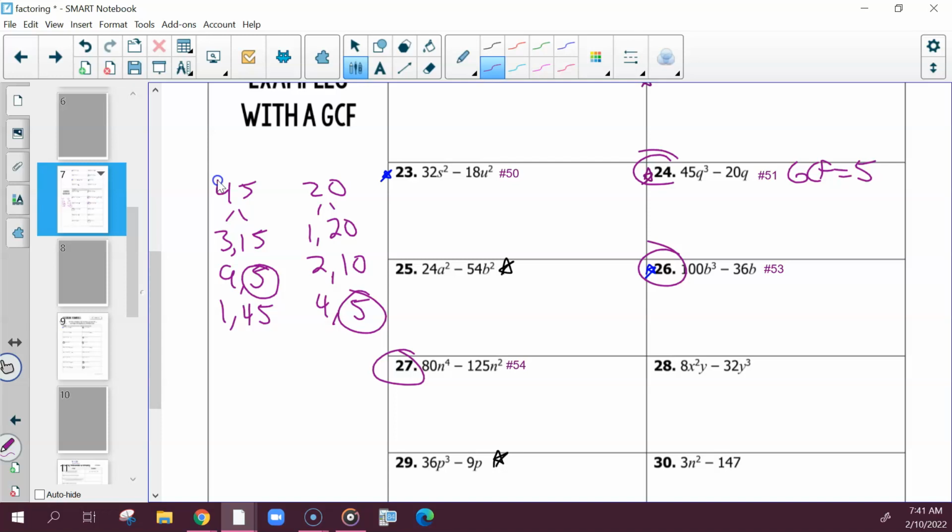Q. So if we were to divide both of these by 5q, what would be left? 9q squared.